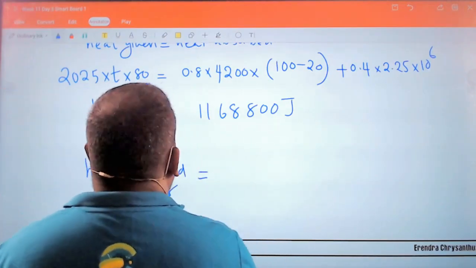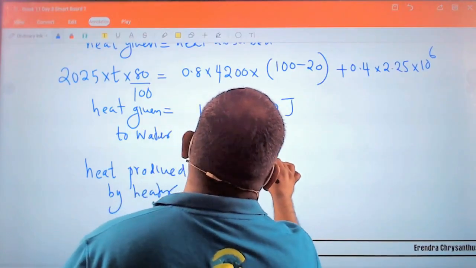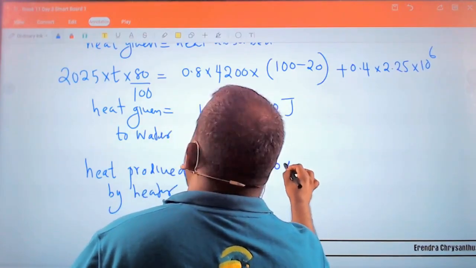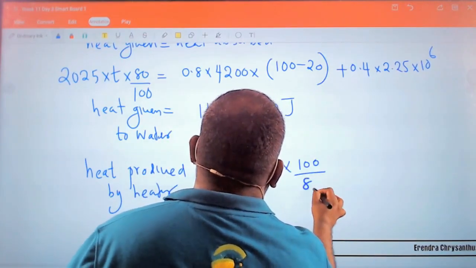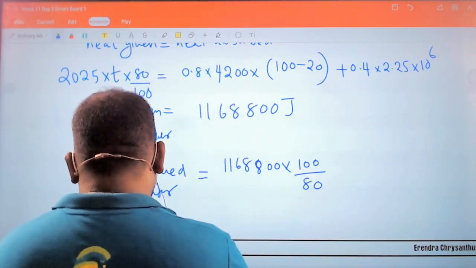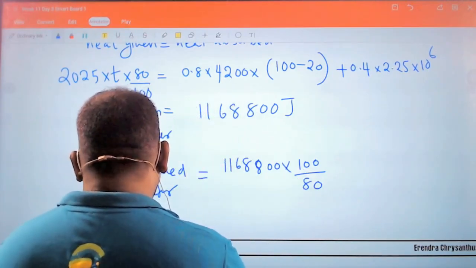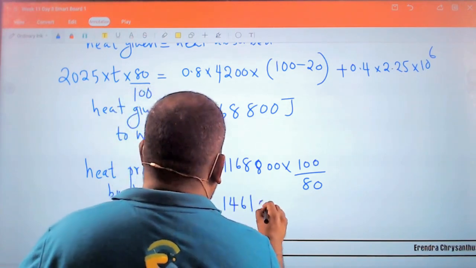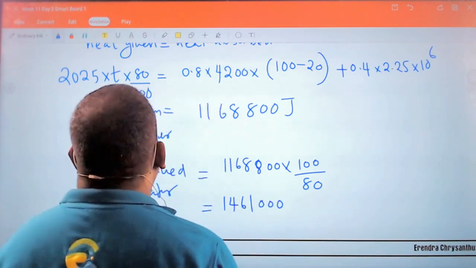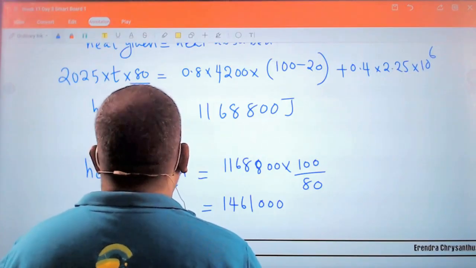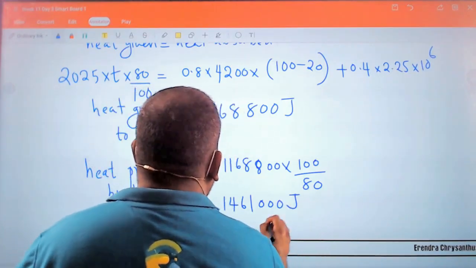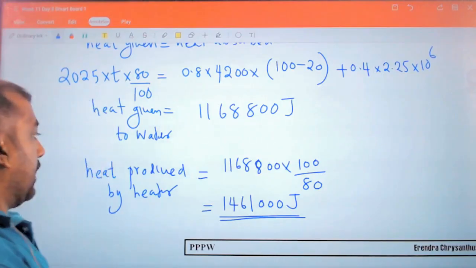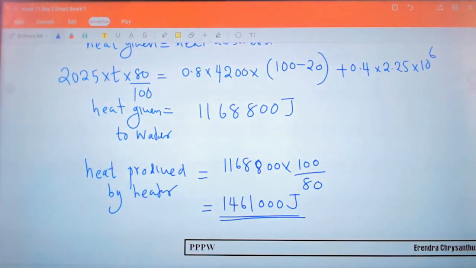Heat produced by heater, multiply by 100 divided by 80. 1461 kilojoules. Right.